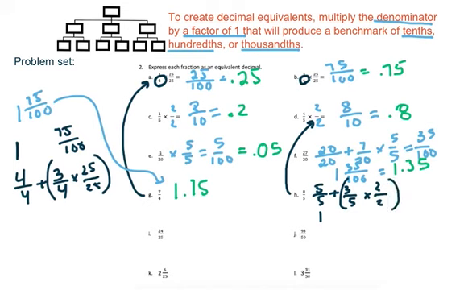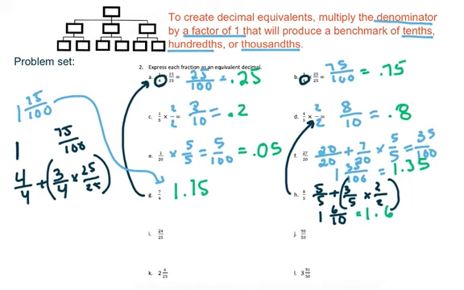So now I'm just going to multiply to make my equivalent. 3 times 2 is 6. 5 times 2 is 10. So this is 1 and 6/10, which if I write this as a decimal, would be 1.6.